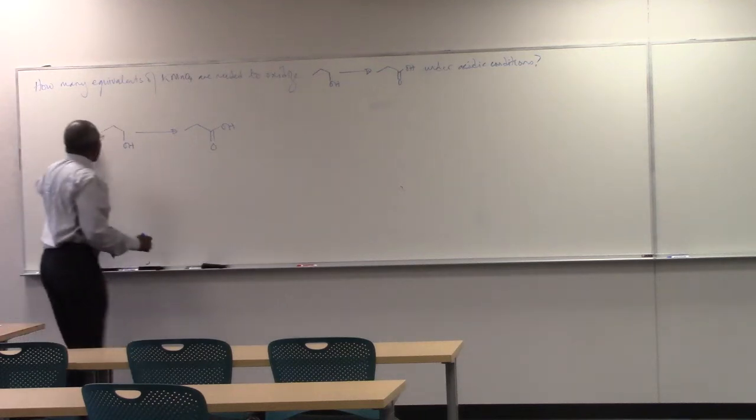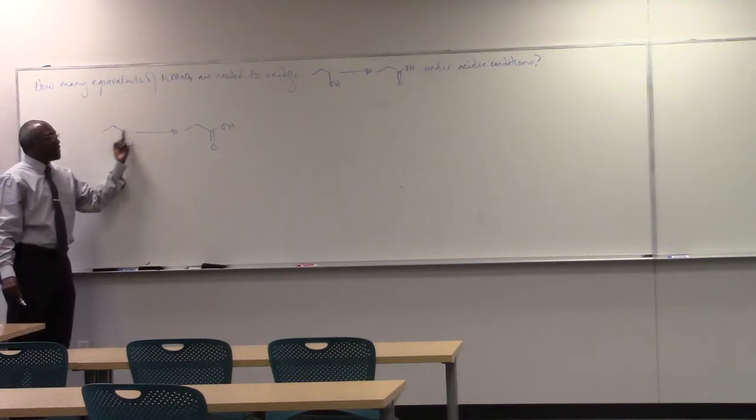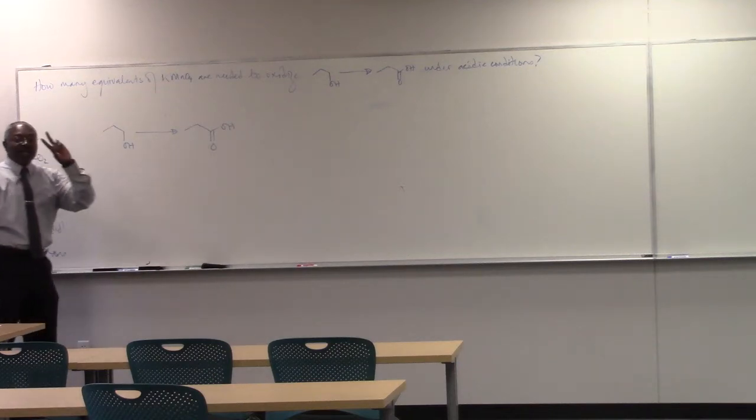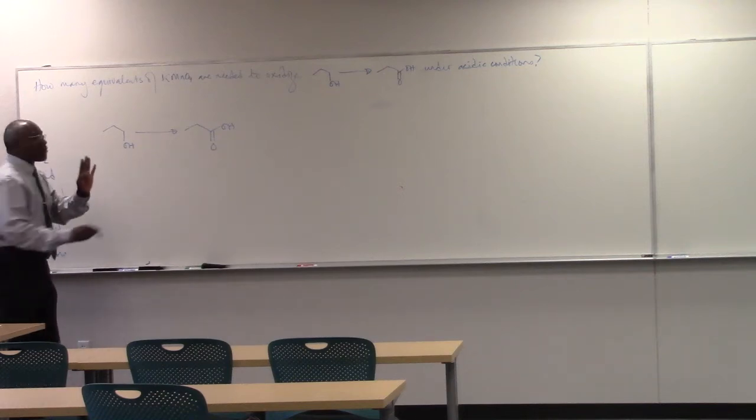This is at the alcohol level. So again, remember, it's alkane, alcohol, aldehyde, acid, and carbon dioxide. So we are going from the alcohol level to the acid level. We've gained 2 bonds to heteroatoms. That represents a 4 electron oxidation.